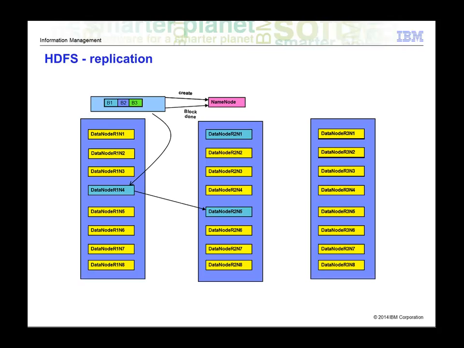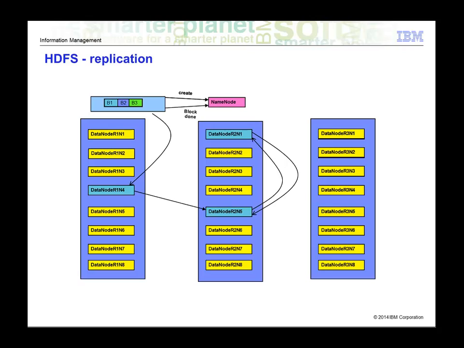The second data node is randomly chosen on a rack other than that of the first replica of the block. This is to increase redundancy. The final replica is placed on a random node within the same rack as the second replica. The data is piped from the second data node to the third.